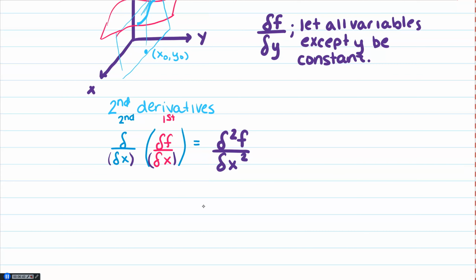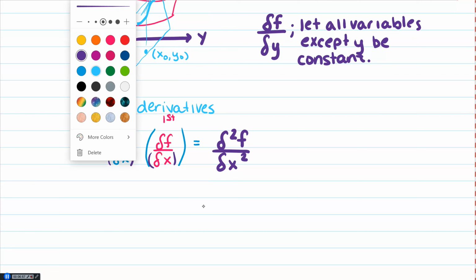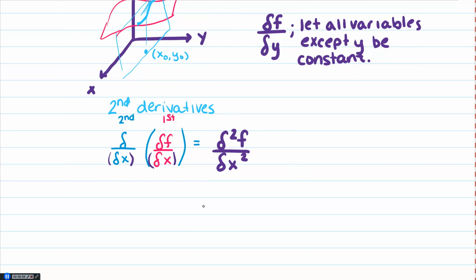And that notation is bad because you're really squaring, or you can really think of the dx as squared, but they generally just put the squared right next to the x. Okay, so now the shorthand notation, which is really lovely in this case, is f, and then we'll put subscripts. So the first thing we did was the derivative with respect to x, so we'll put a little x.